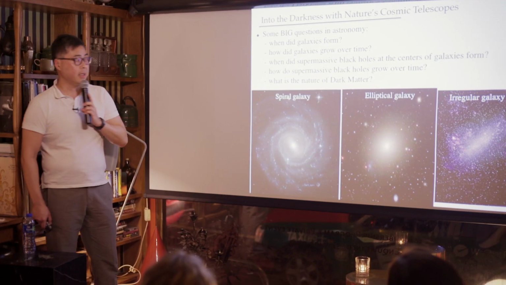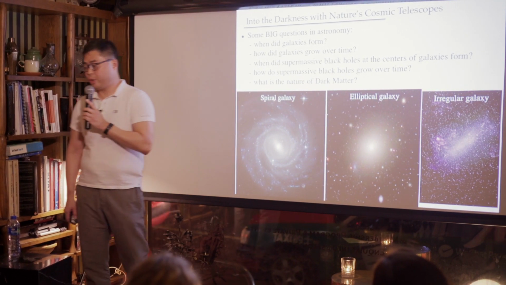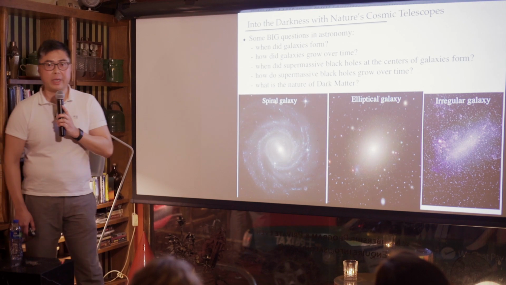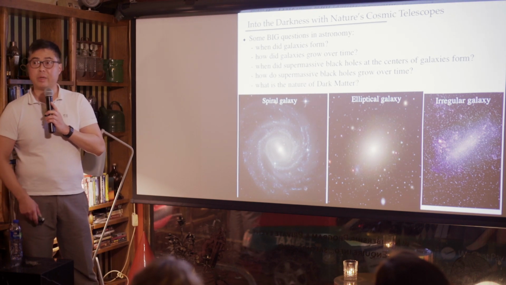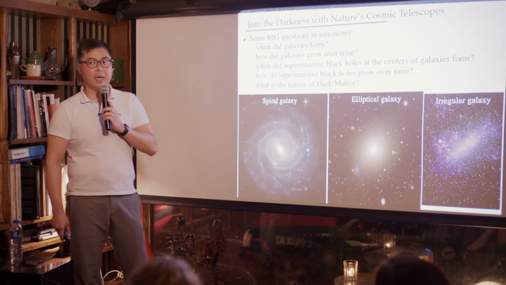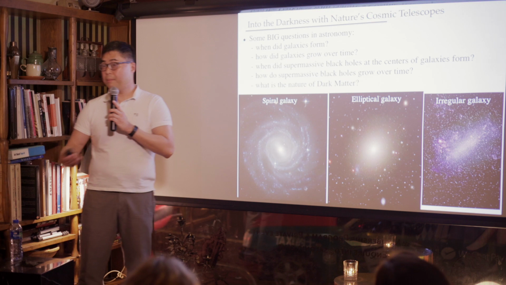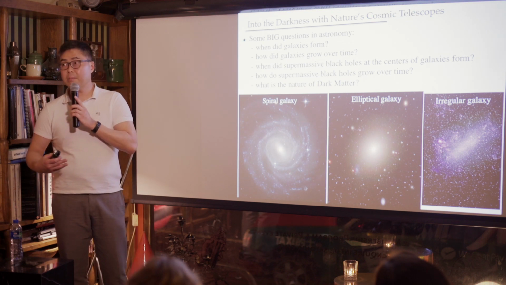I'm going to tell you about how we are finding supermassive black holes in young galaxies. And then finally, one of the big questions in all of physics, not just astronomy, is what is the nature of dark matter? The gravity in the universe is dominated not by ordinary matter that we know about, hydrogen gas for example, but by a mysterious form of matter which exerts gravity, but which does not emit light, nor does it absorb light.